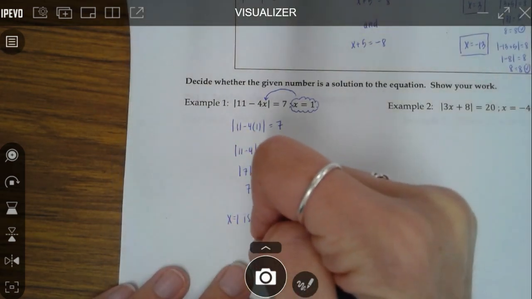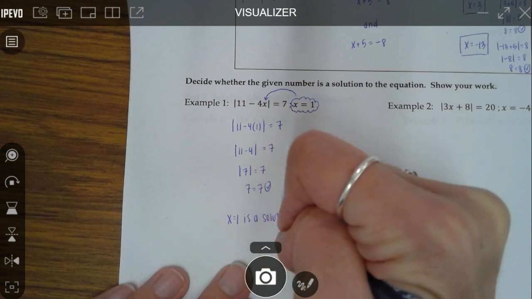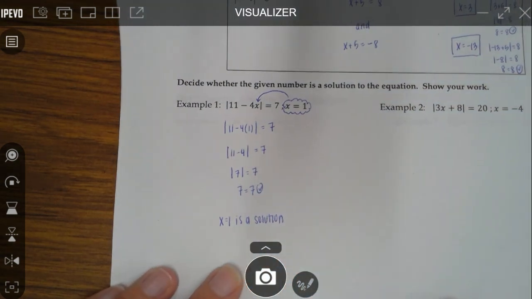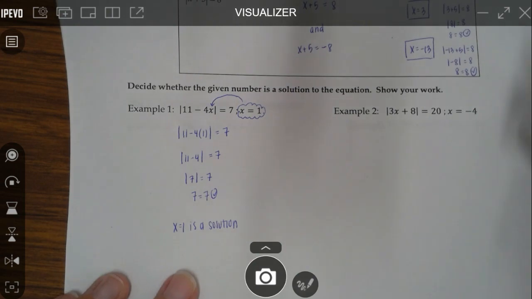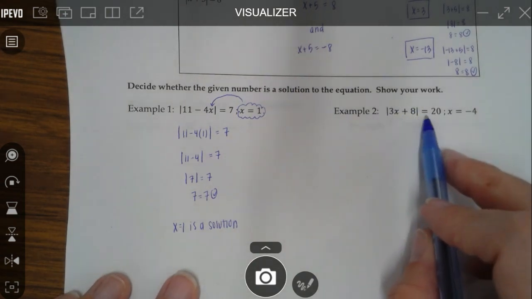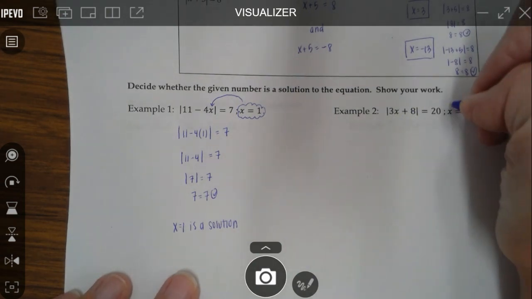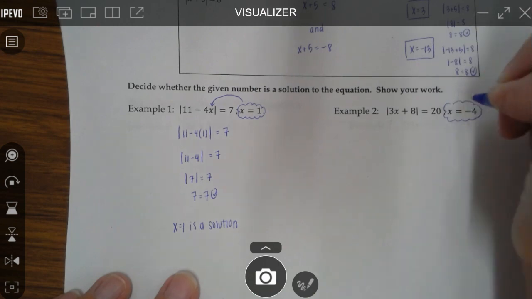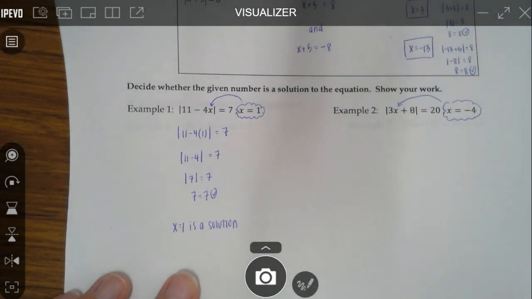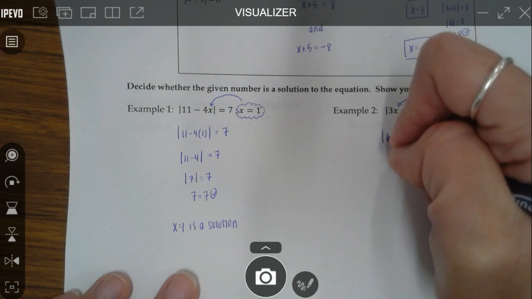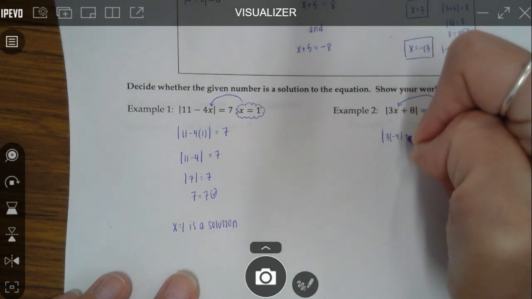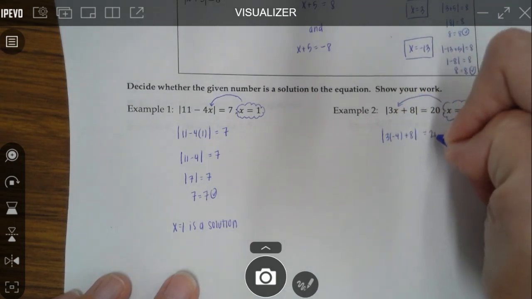So if we do that with our second problem here, we're looking at the absolute value of 3x plus 8 equal to 20. We want to know if x equals -4 is a solution. Substitute it in here. So 3 times -4 plus 8 equals 20.